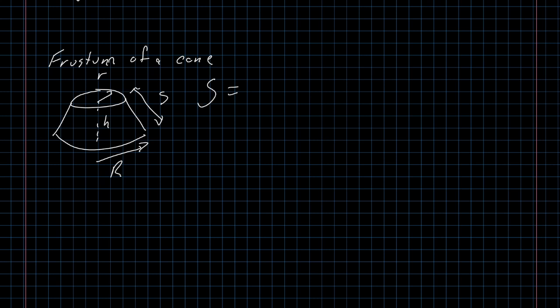The lateral surface area here is going to be pi times the sum of the big radius and the little radius times s. Little s is a little bit harder to figure out because it's not quite so nice.